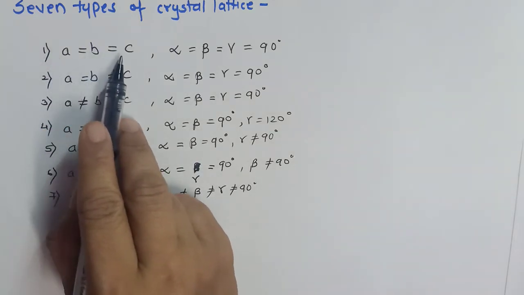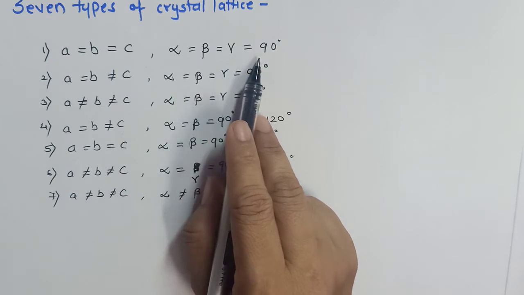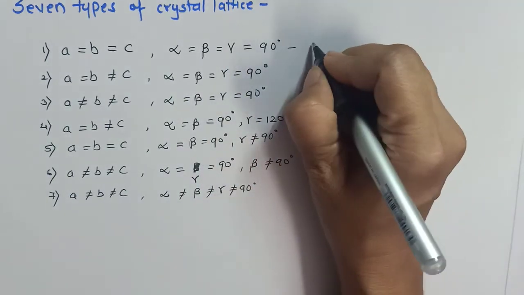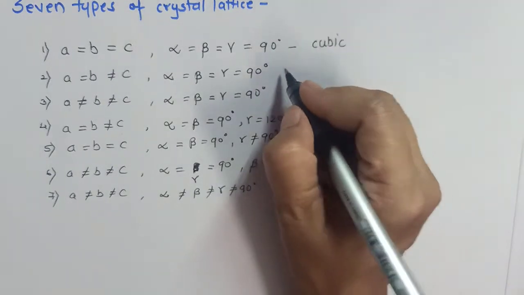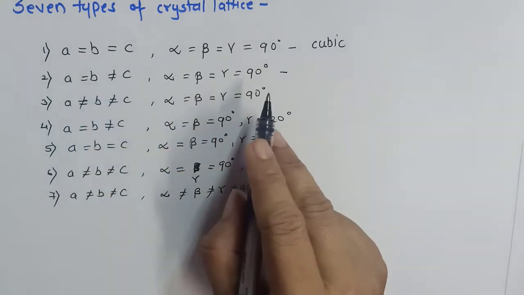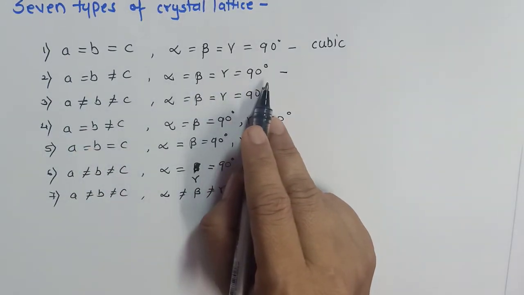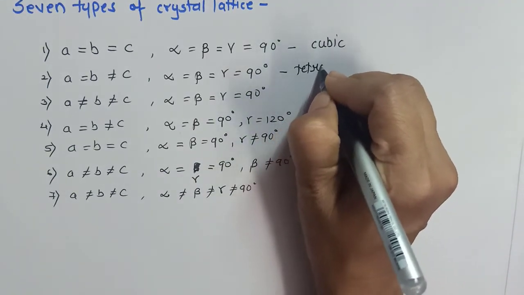When A, B and C are exactly equal to each other and alpha, beta, gamma are mutually perpendicular, then we call it the simplest, cubic crystal lattice. If A and B are equal but not equal to C and the angles alpha, beta, gamma are 90 degrees, then we call it tetragonal.